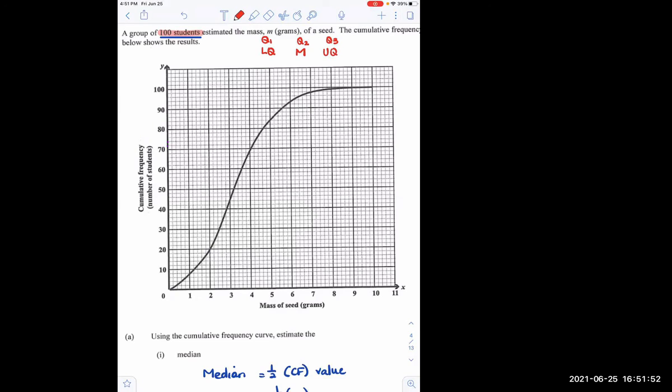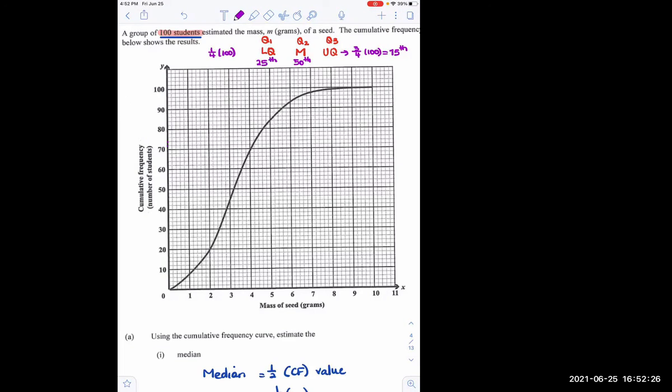The median is a half of the CF, so this is the 50th value. The upper quartile is 3/4 of 100, which is the 75th value. And the lower quartile is 1/4 of 100, which is the 25th value.